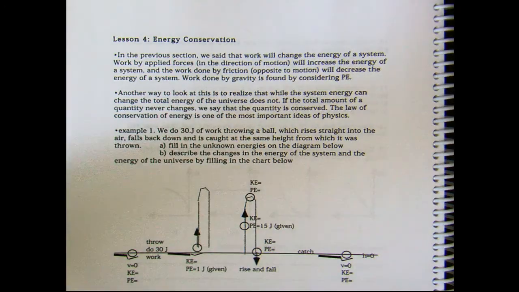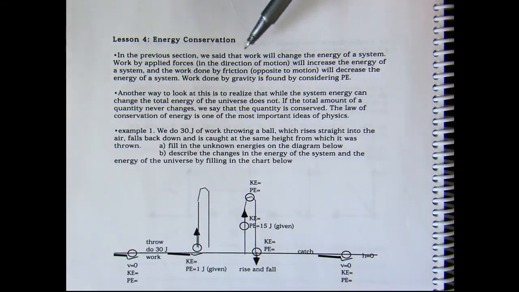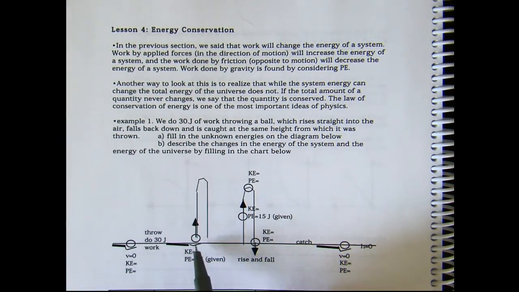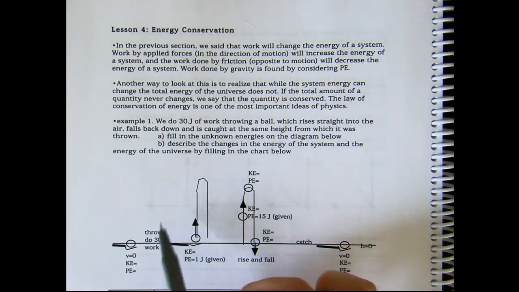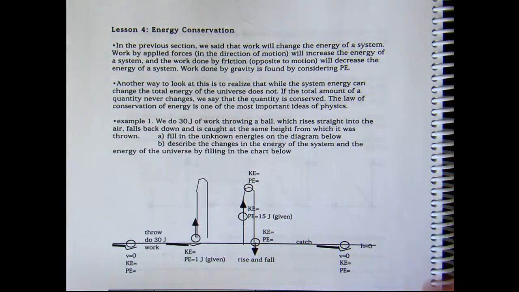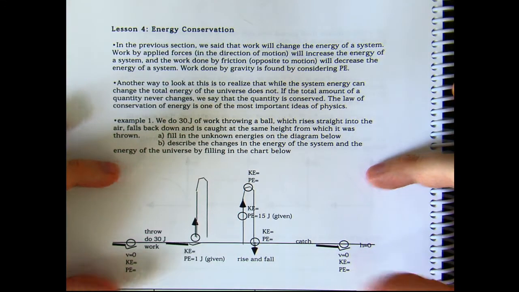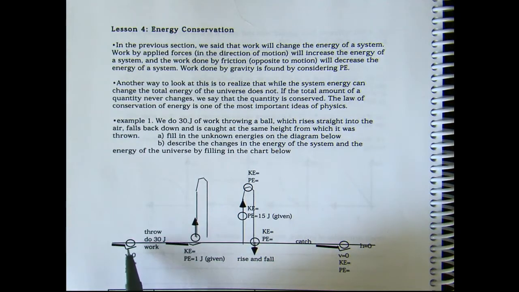So, what we've looked at at this point is we've said that work is going to change the energy of a system. Now, if we narrow our focus to something like your hand throwing a ball, it goes up, it comes back down. If this is the scope of our system, energy at the beginning is 0.